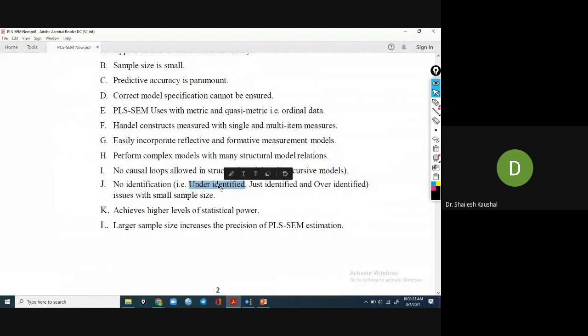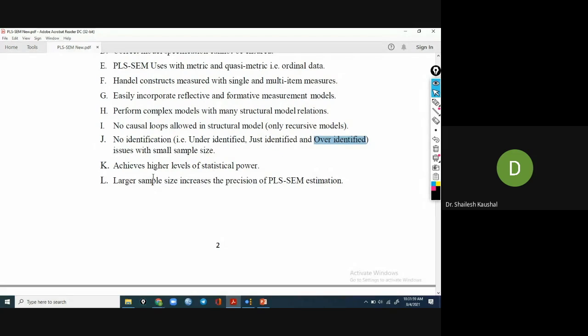Just-identified means the number of questions equals three, meaning the variance-covariance terms equal the number of parameters. When the number of parameters is less than the number of variance and covariance terms, then it is an over-identified model.